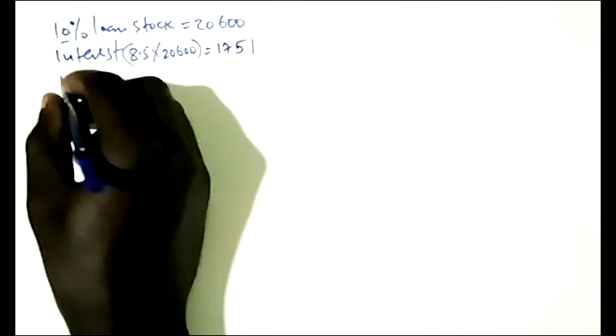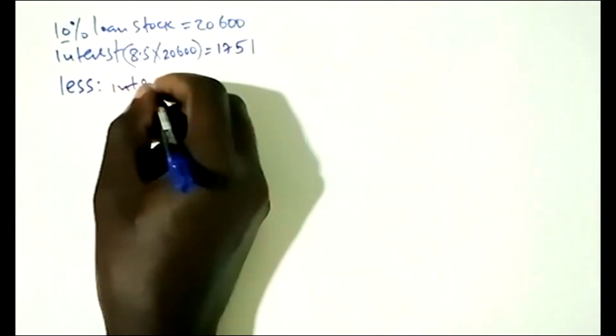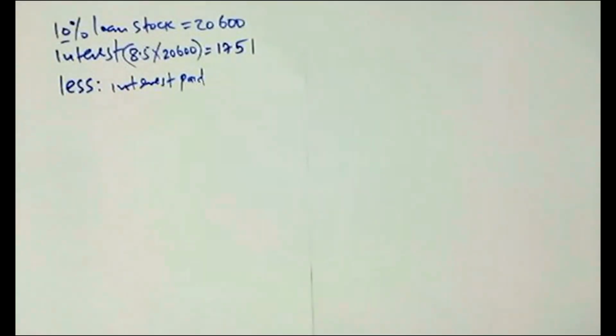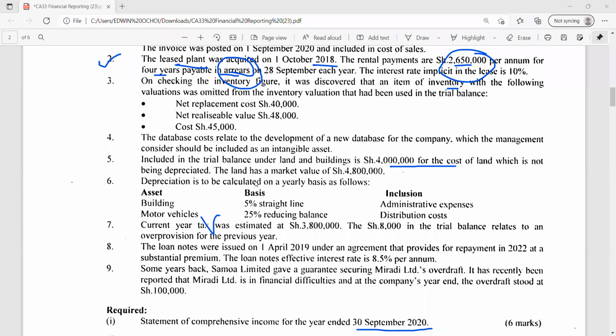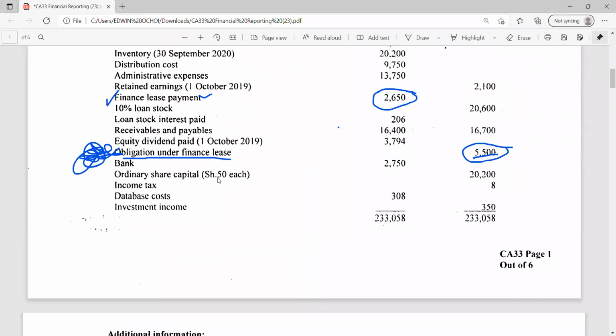So you have to deduct the interest which was already paid. Remember that this entity received the loan, so they are the ones paying the interest. We have determined the total interest they were supposed to pay, then the one which they have already paid.